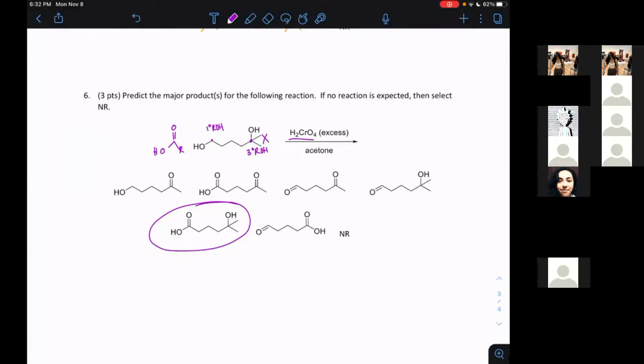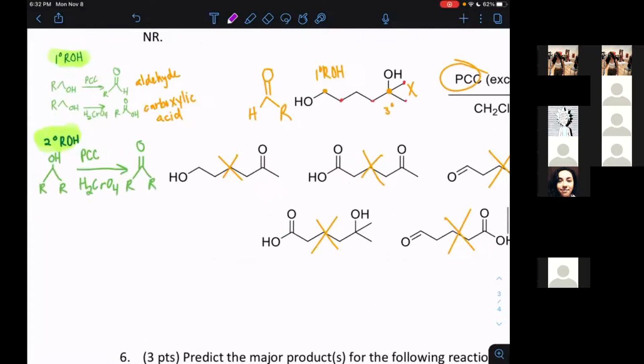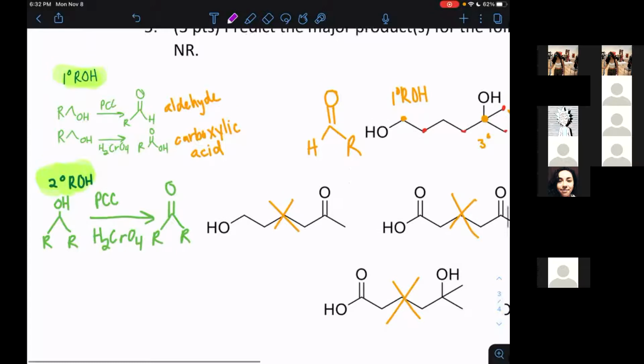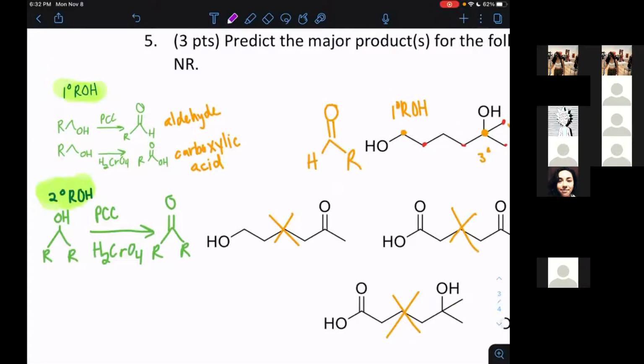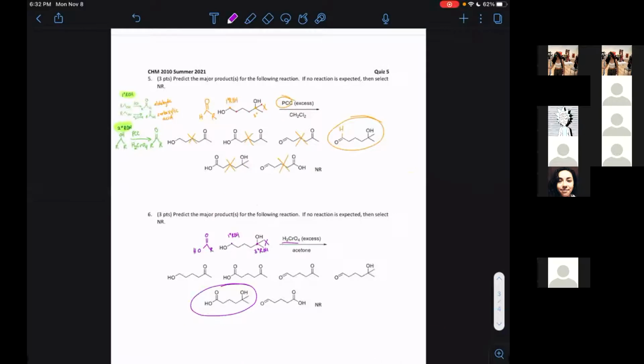Is that okay? Yeah, as long as you have these rules, then you can just solve those. Can you zoom into the rules? Sorry.